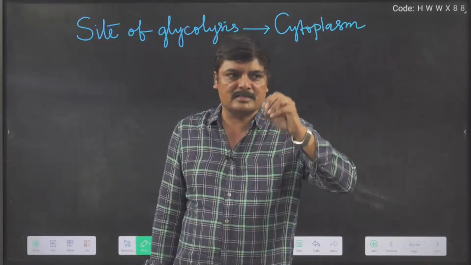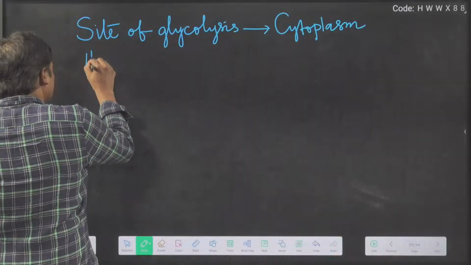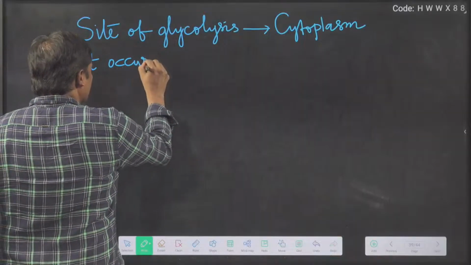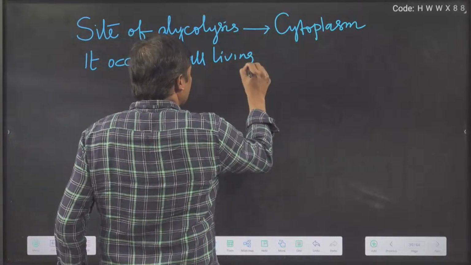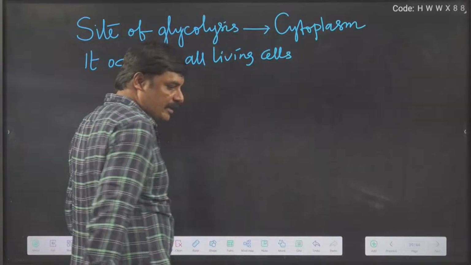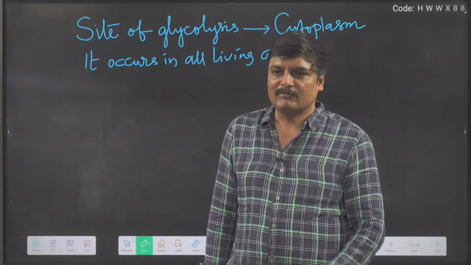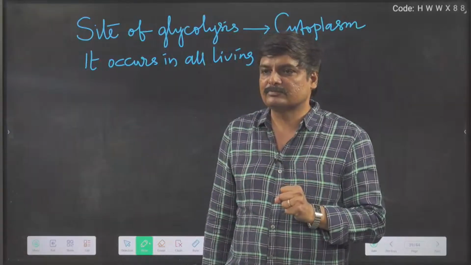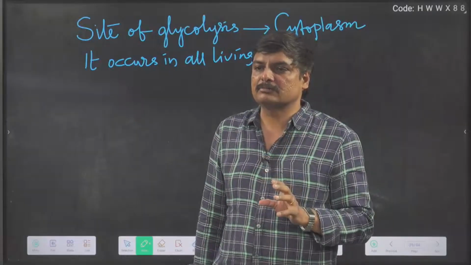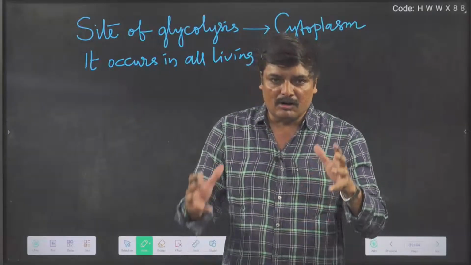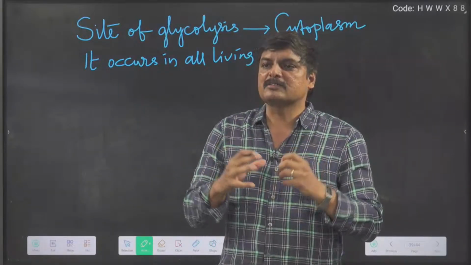So glycolysis occurs in all living cells, whether it is prokaryote or eukaryote, whether it is an aerobic individual or an anaerobic organism, whatever it may be, in all the organisms, in all the cells, glycolysis takes place.